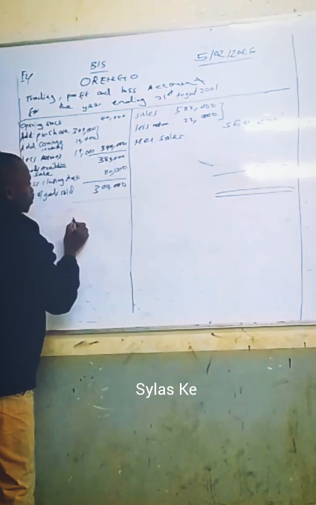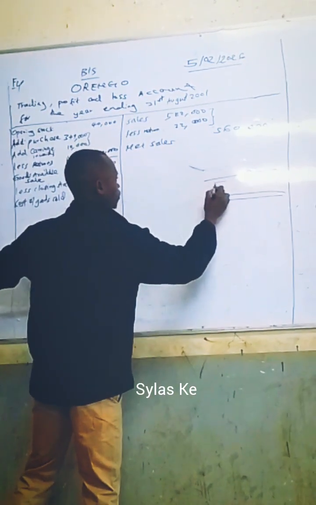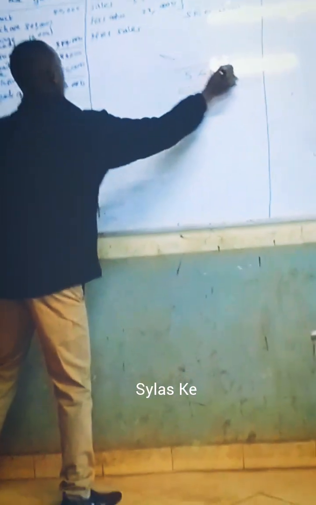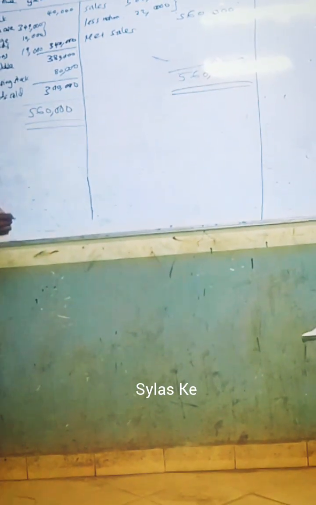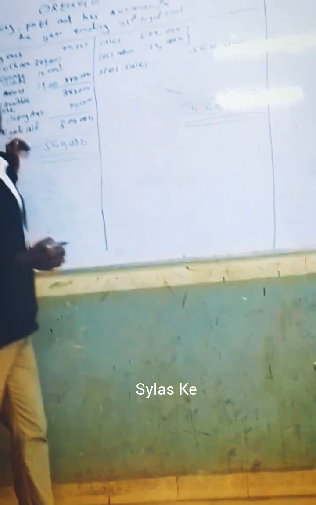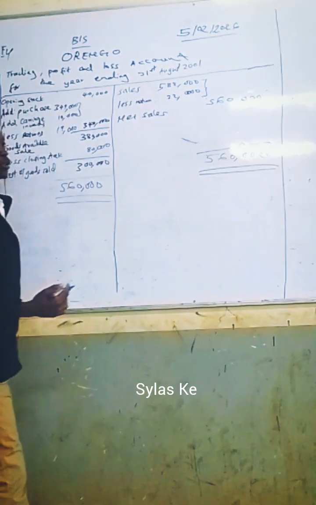Also on this side should be 560,000. When we balance the accounts, like we always balance ledger accounts, we take the bigger amount less the smaller amount.